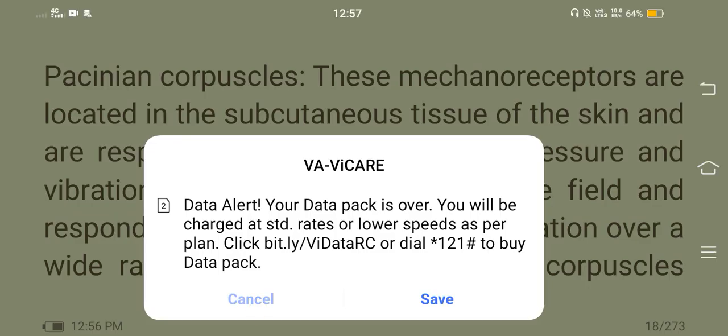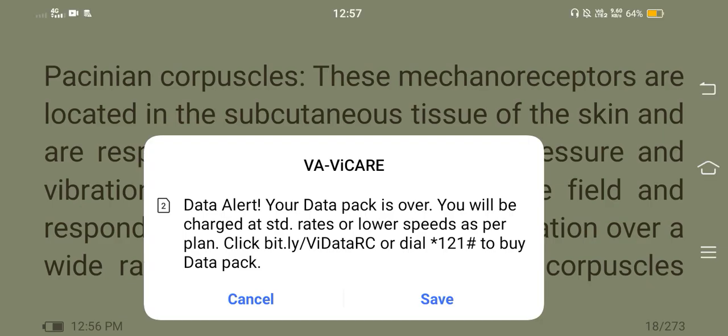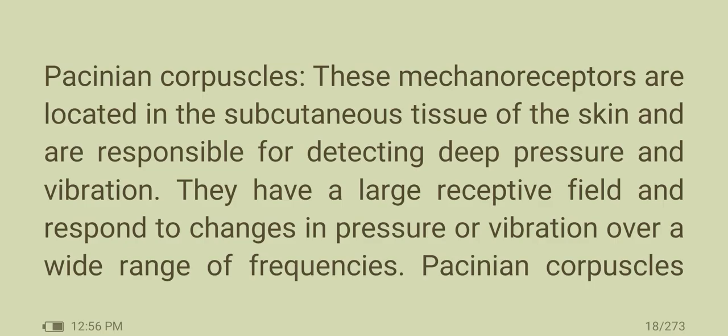Pacinian corpuscles. These mechanoreceptors are located in the subcutaneous tissue of the skin and are responsible for detecting deep pressure and vibration.